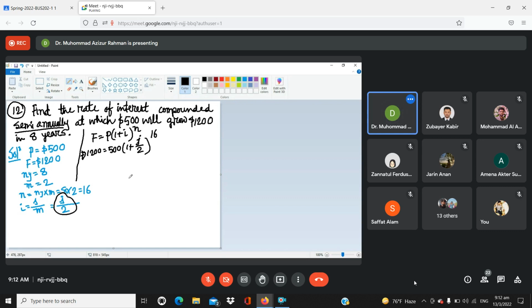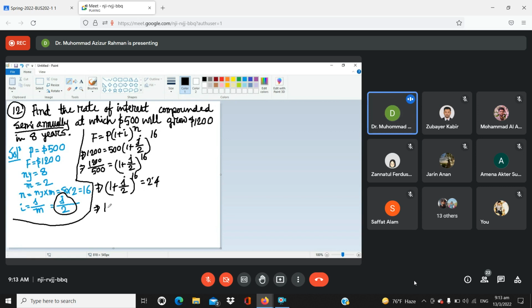So here 1200 divided by 500 equals (1 plus j by 2) to the power 16. This is how much? 2.4. So we can write (1 plus j by 2) to the power 16 equals 2.4.